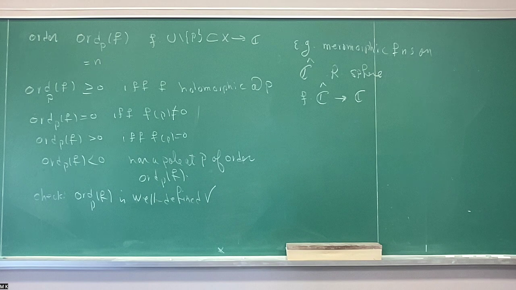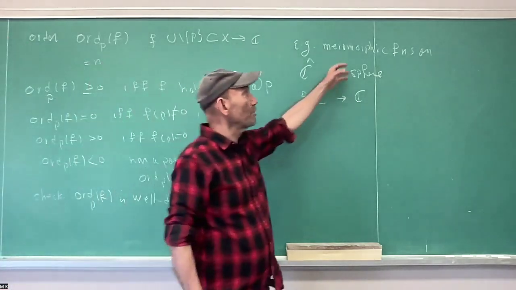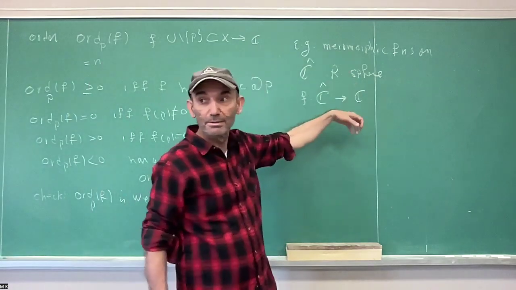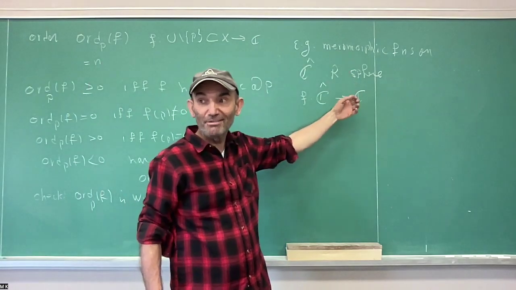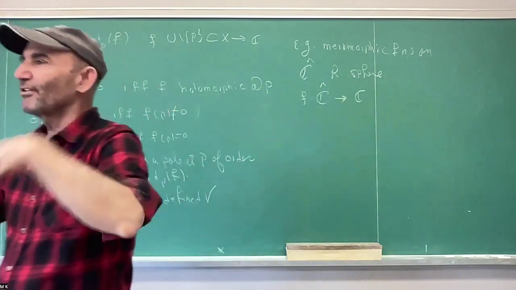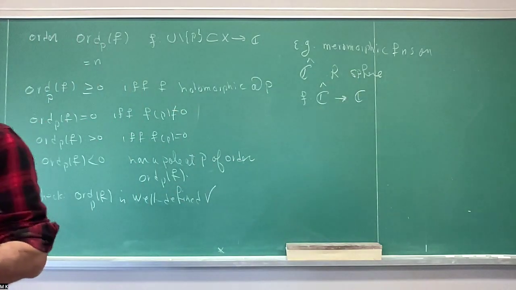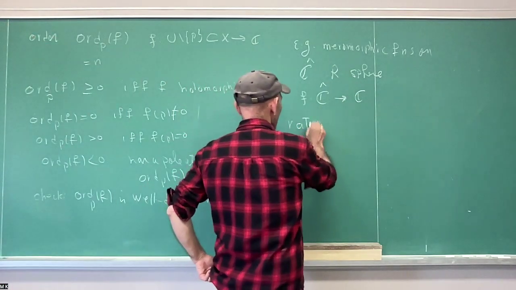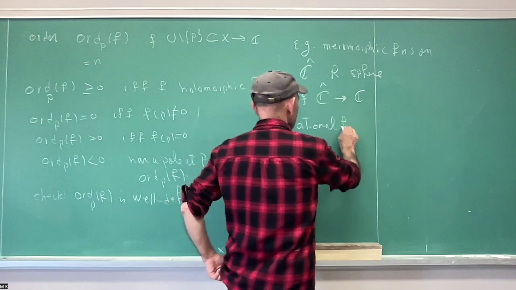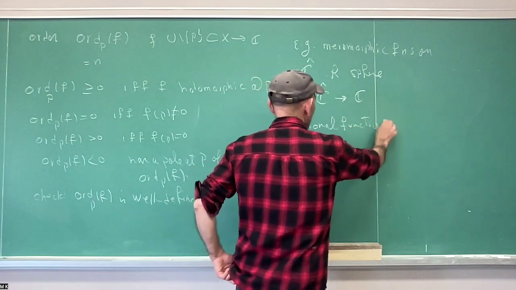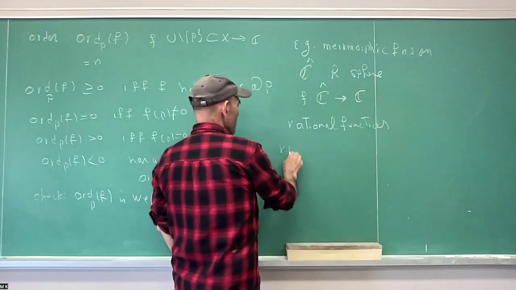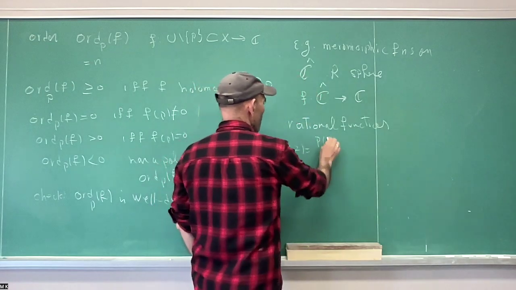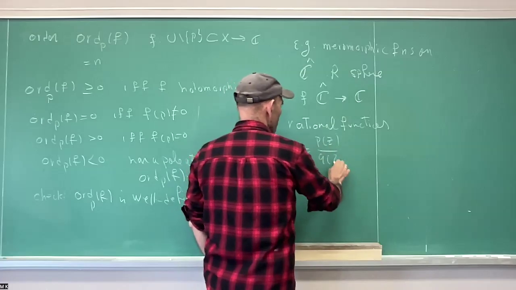But polynomials at infinity are infinity, right? So how are they from C hat to C? I just wanted meromorphic functions. In the definition of meromorphic, I allow the value to be infinite. So indeed, rational functions. So this is R(Z), equal to a polynomial divided by a polynomial, right?